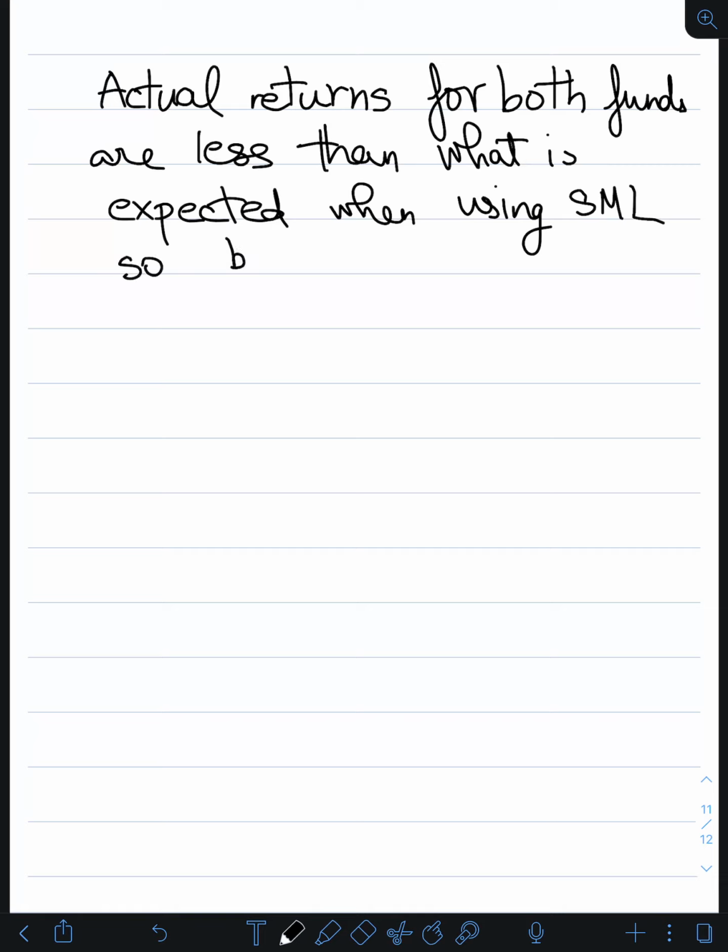So both funds performed worse than expected.